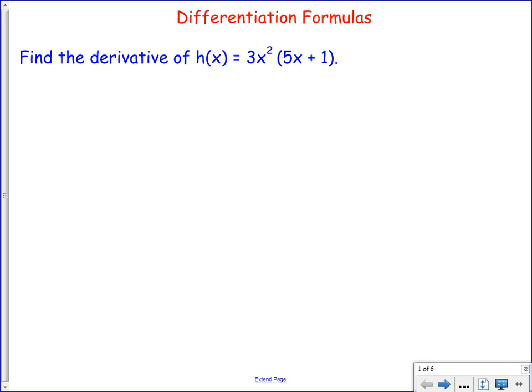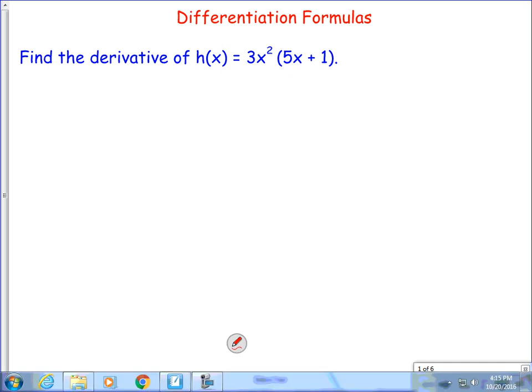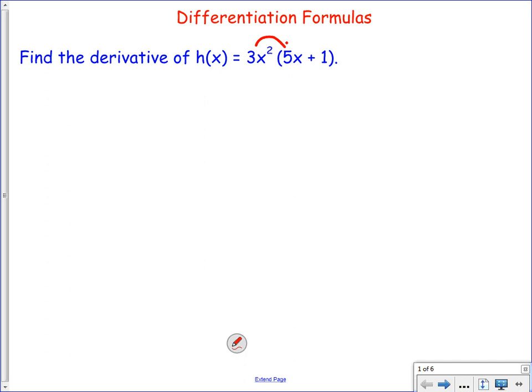so far you have learned the power rule, okay? So if you wanted to find the derivative of h of x, you would have to multiply before you apply the power rule, okay? Right now, with what you know, you would distribute the 3x squared. So that would give us 15x cubed plus 3x squared.